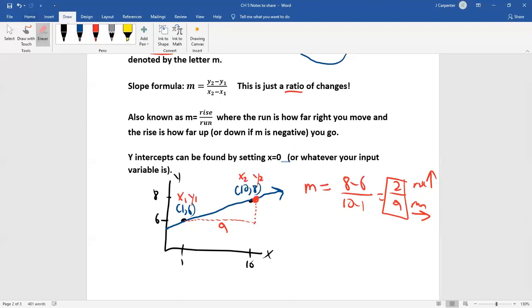Ignore the fact that I drew that just a little off because I was hiding it. But that was going up 2. Right 9, up 2. And then from (10, 8), I could go right 9 and up 2. That's the idea of proportionality, but not actually being proportional. We're not saying as one doubles, the other doubles, but we are saying as one has a consistent change, the other has a consistent change.